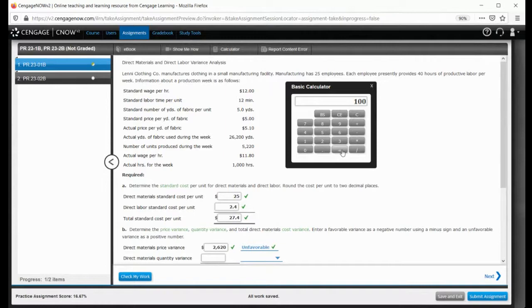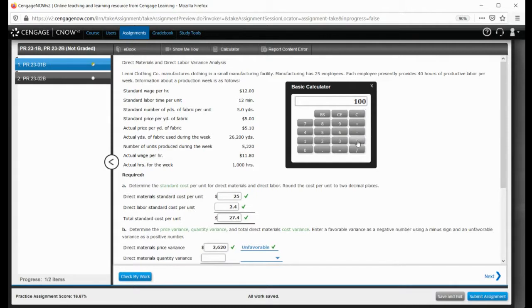That 100 yards is unfavorable. The variance is unfavorable because my actual quantity of 26,200 yards is different from my standard quantity of 26,100 yards. There was 100 yards more that we used than we thought we were going to use. That 100 yards is unfavorable.